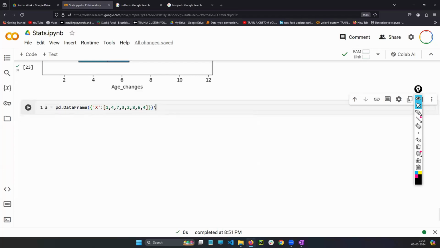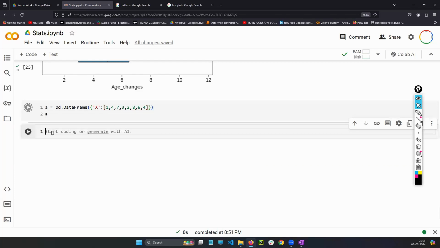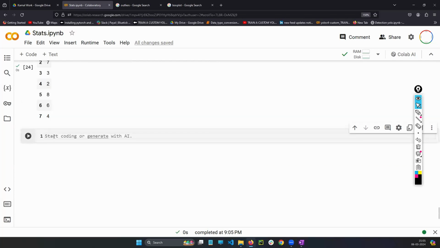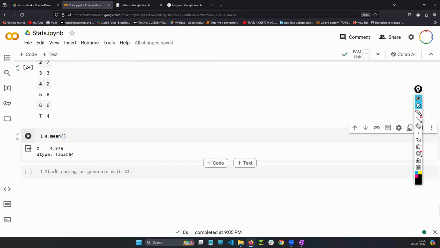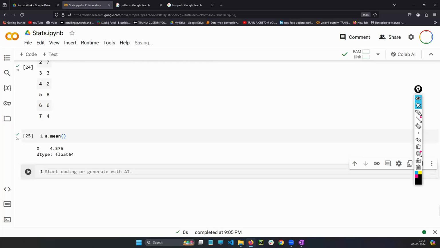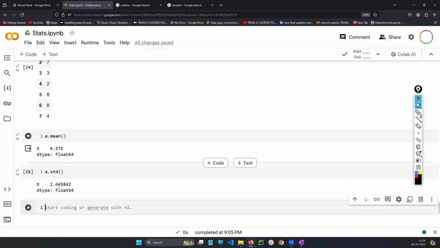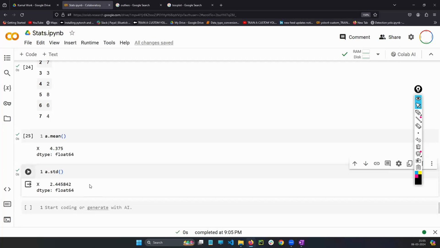Sir, I want to find the standard deviation. We already got the mean. What is the mean? Say A.mean(). Simply I will apply the mean, and I will get the mean value, 4.3. Then A.std(), standard deviation. All the mathematics will be done on the back end. So 2.4 is the standard deviation.